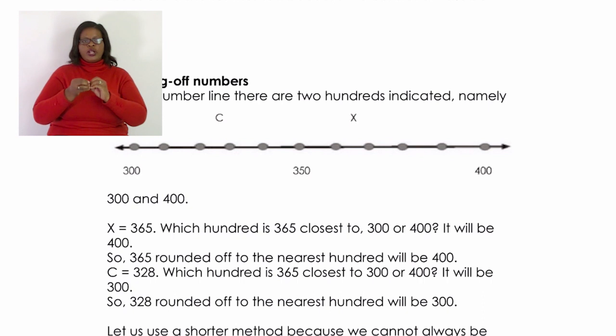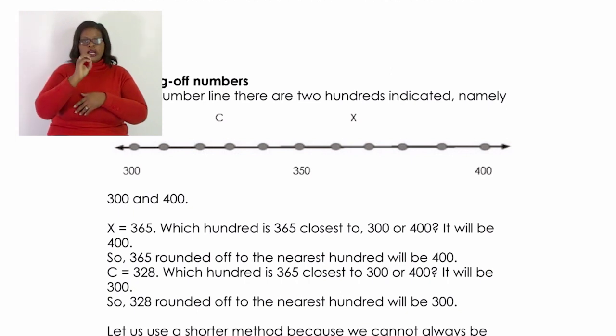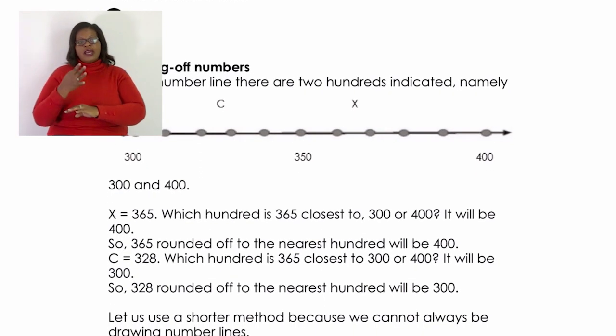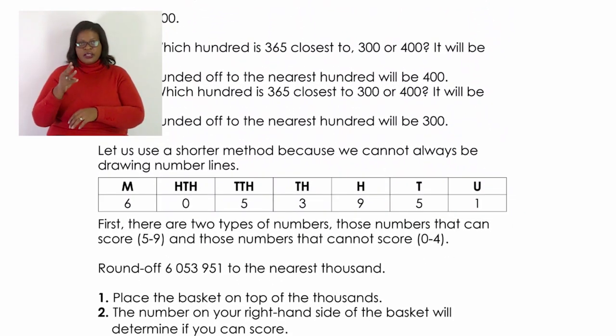On this number line, there are two hundreds indicated, namely 300 and 400, in the middle there is 350, there is also a C, and there is X. X is marked at 365, and which 100 is near or closest to this number?